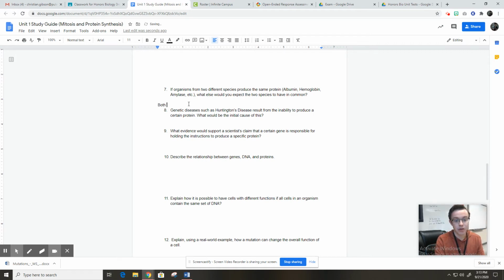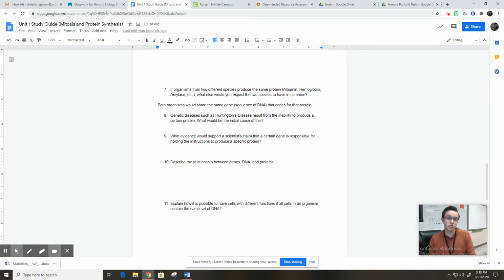So both organisms would share the same gene or sequence of DNA that codes for that protein. It's that simple.